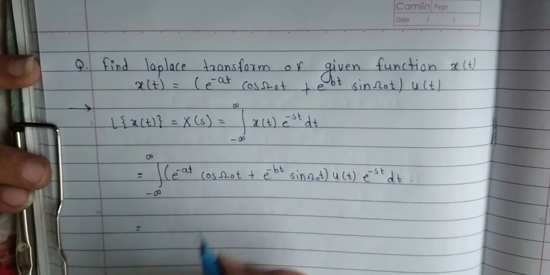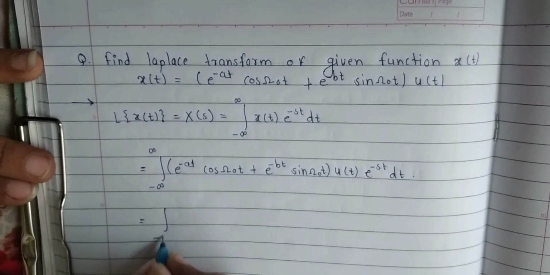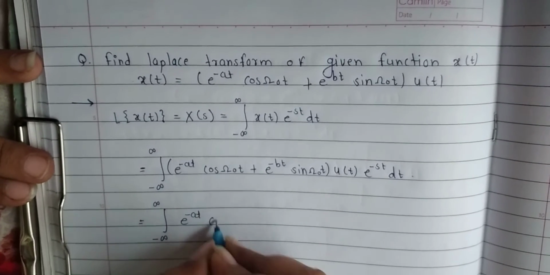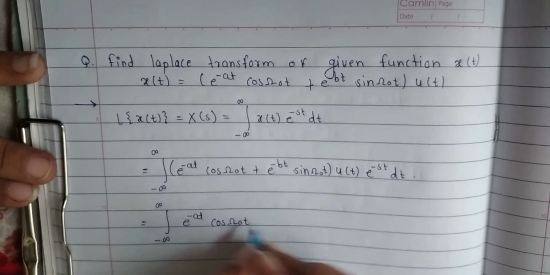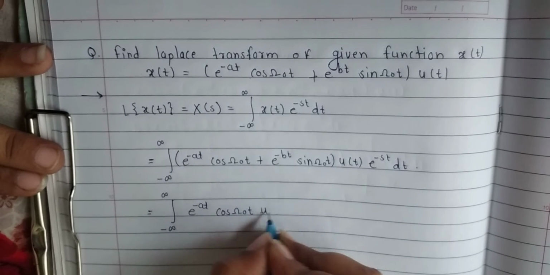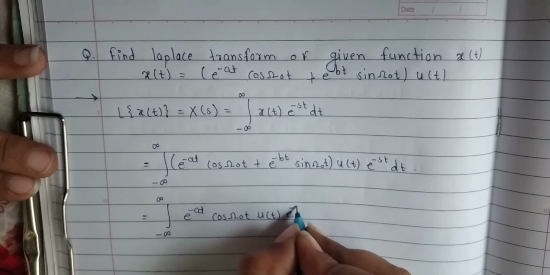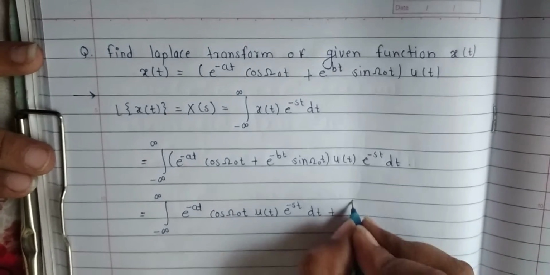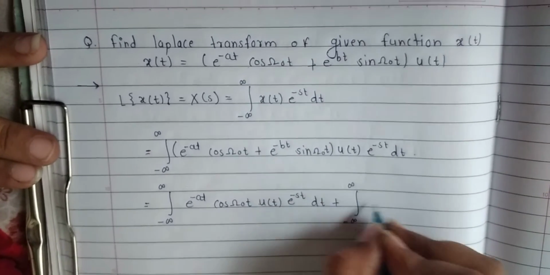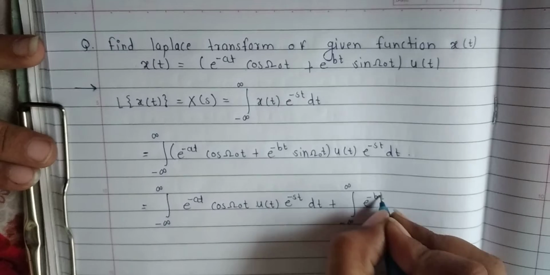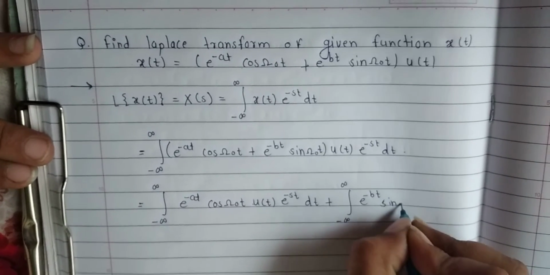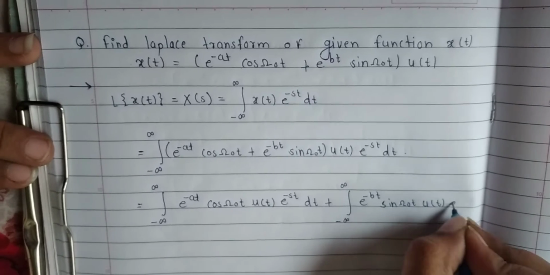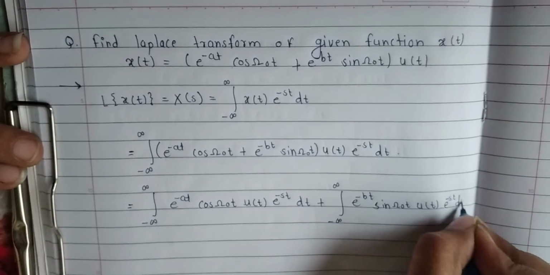Now we separately integrate this, so it becomes integration minus infinity to infinity e raised to minus at cos omega naught t u of t into e raised to minus st dt plus integration minus infinity to infinity e raised to minus bt sin omega naught t into u of t into e raised to minus st dt.